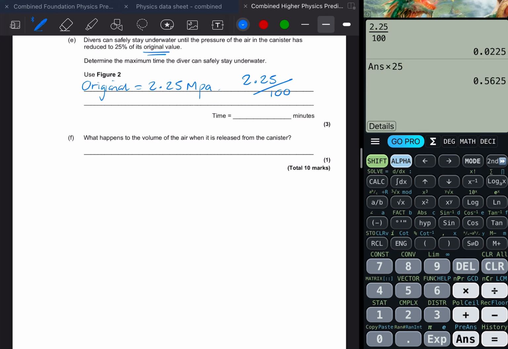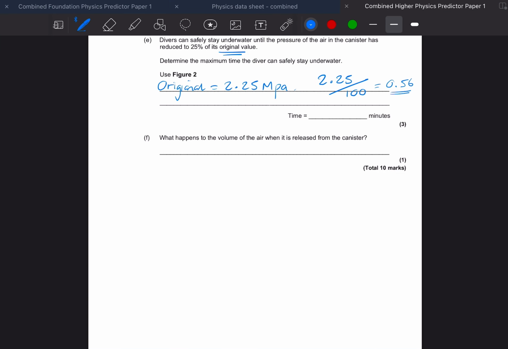So 0.5625. So we'll do 2 decimal places. 0.56. So when it gets to 0.56, that is when the canister would reduce to 25%.